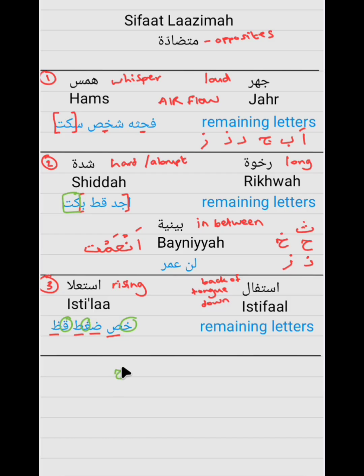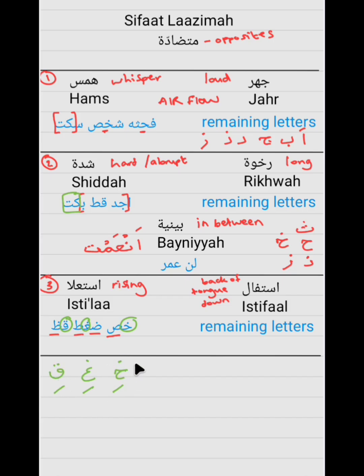If you say kha with a fatha, it's kha. If you say kha with a dhamma, it's kho, both full. But now if you put a kasra on a kha, it's going to be khi, which is a little bit emptier. The same with ghain. If you put a kasra on a ghain, it's going to be ghi. If you put a kasra on a qaf, it's going to be qi.